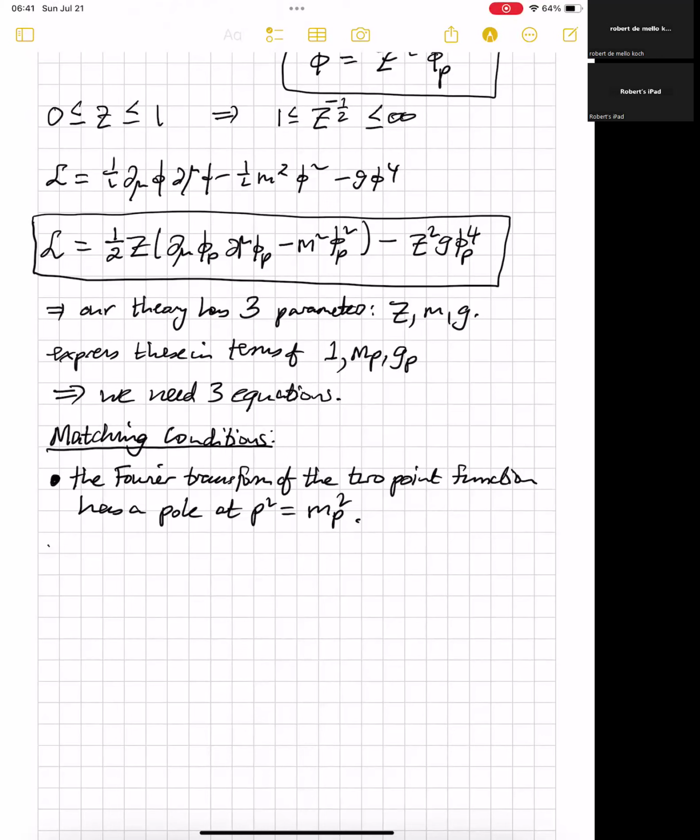And then the second condition is that the residue of this pole is 1.